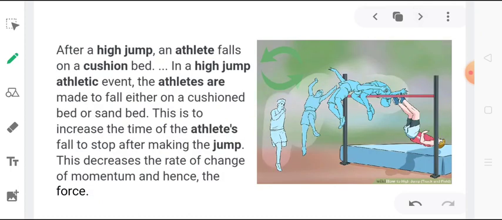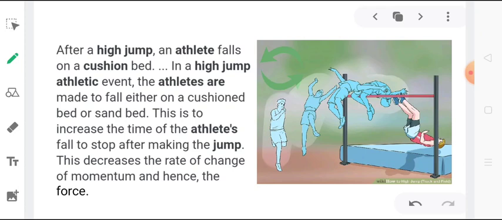Similarly, after a high jump, why does an athlete fall on a cushion bed or a sand bed? When a person is taking a high jump, he runs through some distance, and by doing so, he gains some momentum.